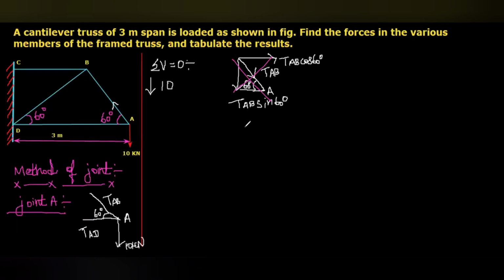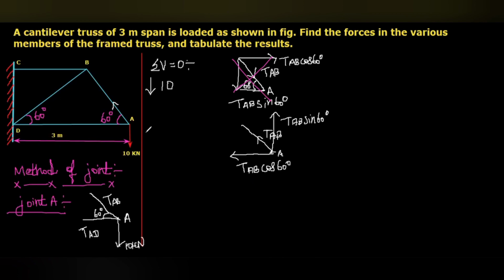Then we know that from the joint A, if TAB acts outwards from joint A, then the vertical component TAB sin 60 will act exactly upward. Then the horizontal component TAB cos 60 degree will act towards the left side.